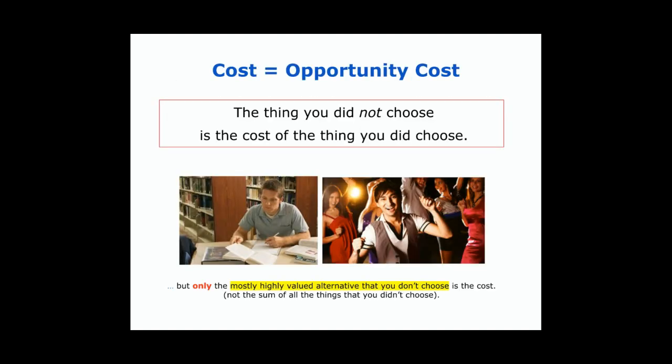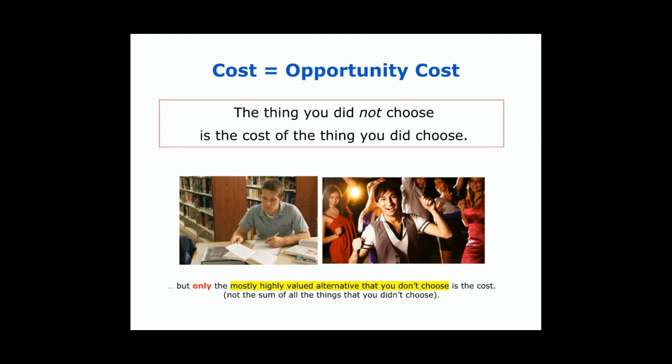Now, when we're looking at costs, economists look at cost slightly differently. They define cost as the opportunity cost. It's connected directly to the choices and to the trade-offs. So when you make a choice, the cost of the choice is the thing that you did not choose. So the thing you didn't choose is the cost of the thing that you did choose. To use an example here, on Saturday night, we can either go to the library or we can go out and socialize.